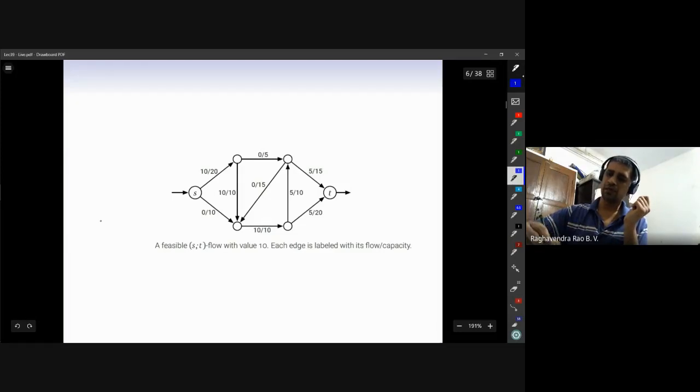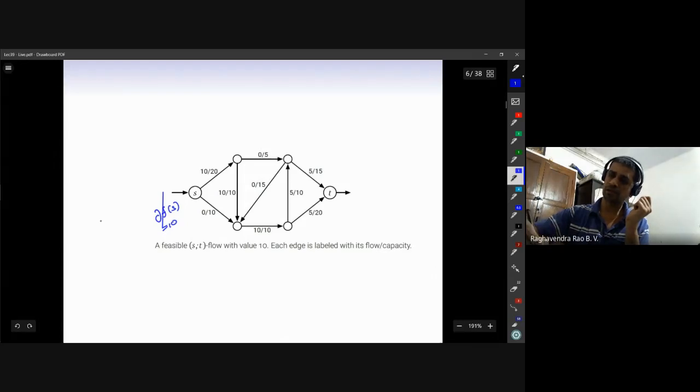For this vertex, del Fs is, there is no incoming edge in this graph. So it's 10, 0, 0. So del of Fs is 10. Whereas here, there is one incoming flow, value 10, and outgoing flows 10, 0, 0.